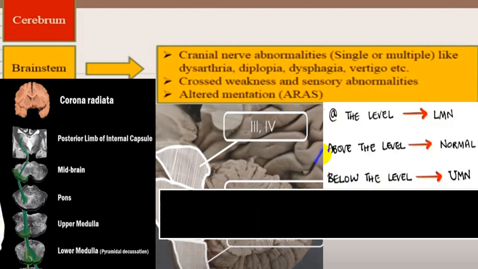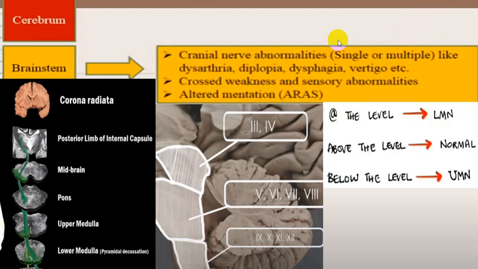Now when you come to the brainstem, it is very peculiar that cranial nerve abnormality will be there, either one or multiple. When it is multiple, invariably we suspect GBS, motor neuron disease, poliomyelitis, etc. And you will have a crossed weakness and crossed sensory abnormality, and an altered level of consciousness because of involvement of the reticular formation, which we call the activating reticular system.